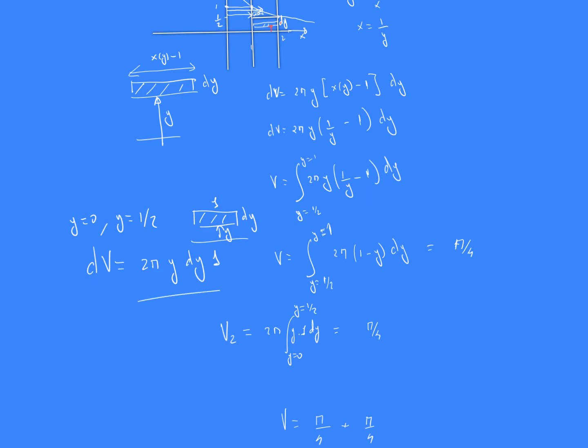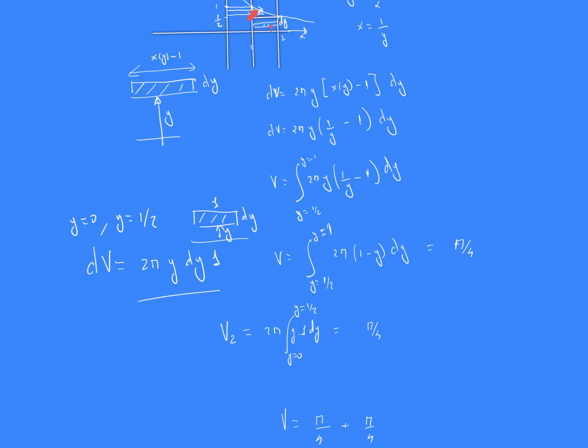And the integral of the sum of all the elements of the volumes will be the total volume. As a result, you have to sum the volumes generated by this part, by this region, and the volume generated by this region.